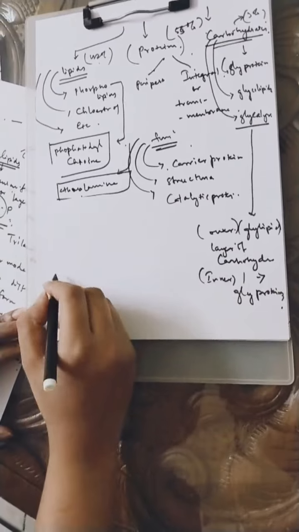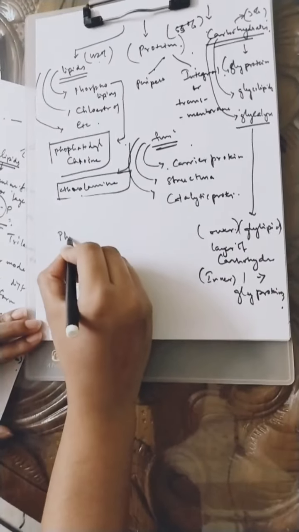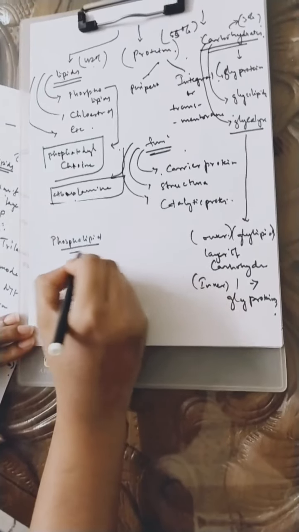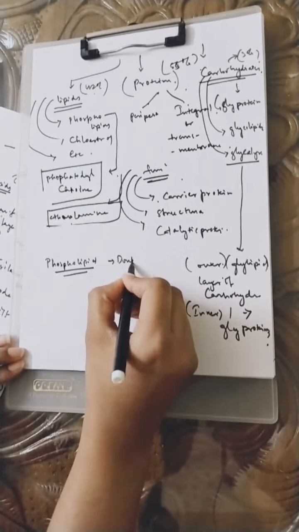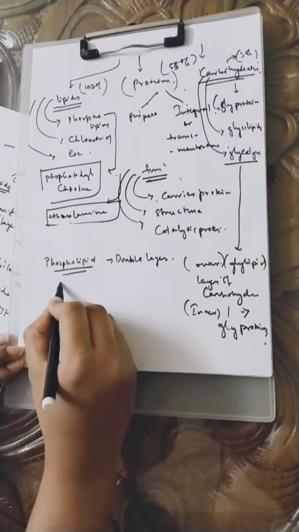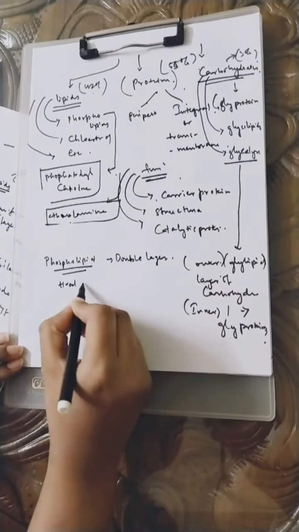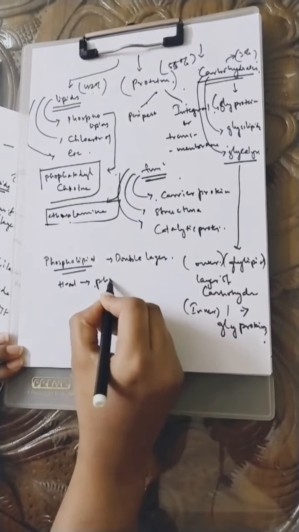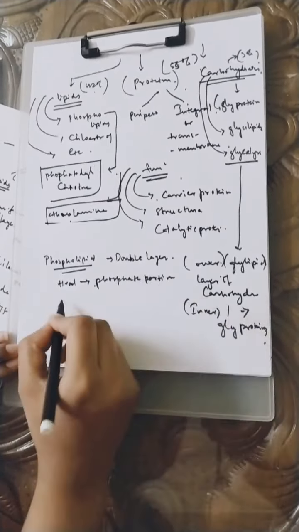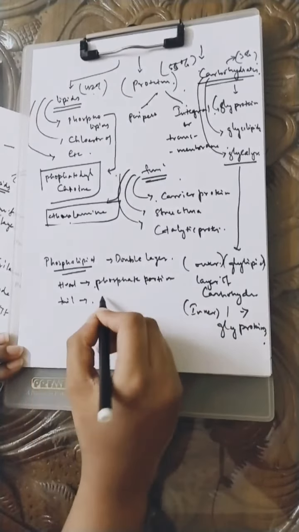When we come to the phospholipids, they are actually double layered, right? When we come to its layers, the head part consists of the phosphate group. The tail part consists of the lipid layer.